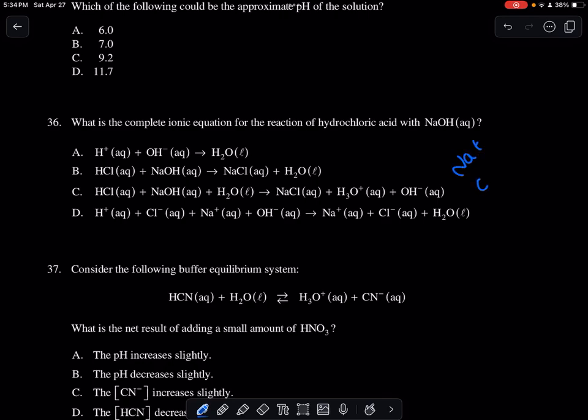We have Na plus, we have OH minus. It's not asking for a net ionic equation, because this is the net ionic equation. So H plus and Cl minus. So H plus, Cl minus, Na plus, OH minus. So it looks like this is the correct answer, because we've got all the ions, including spectator ions, sorry.